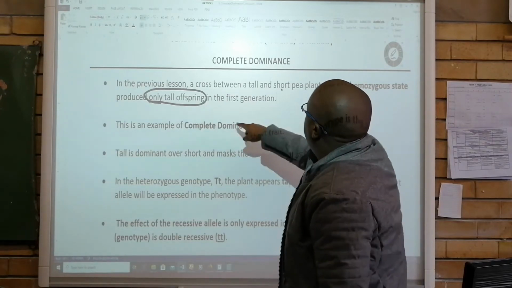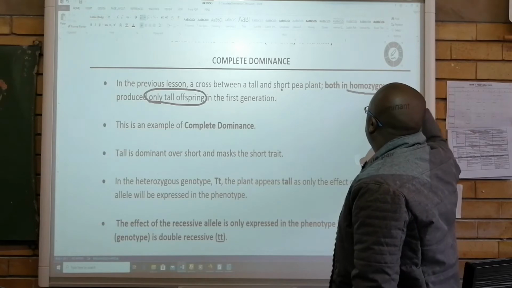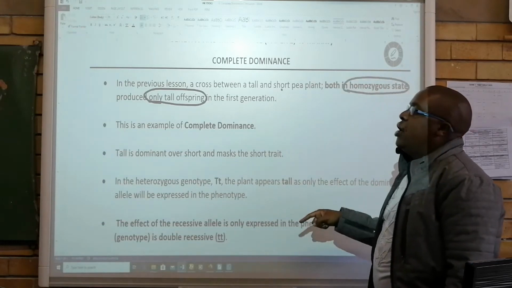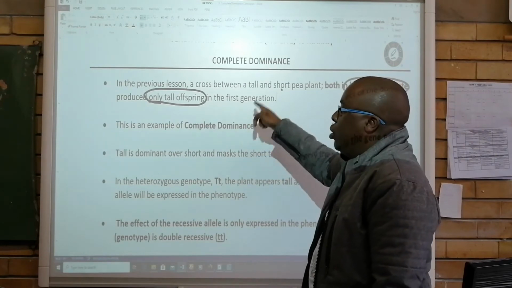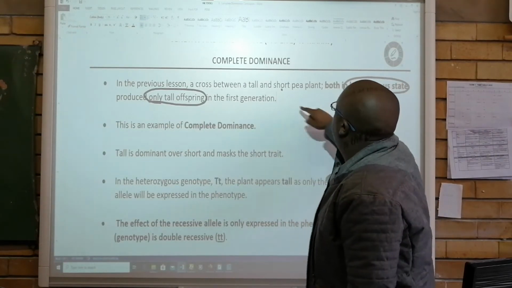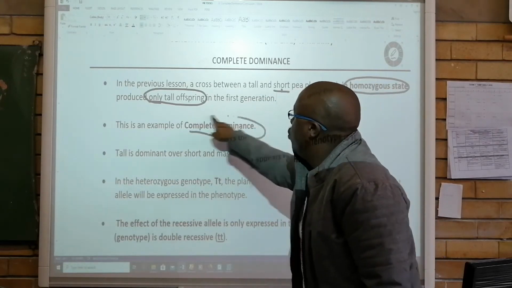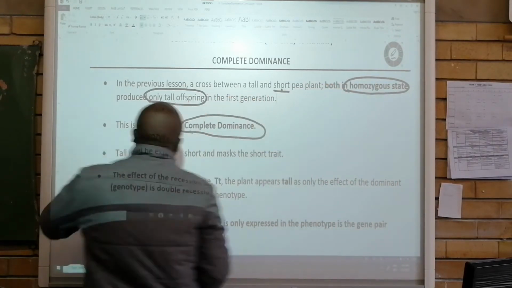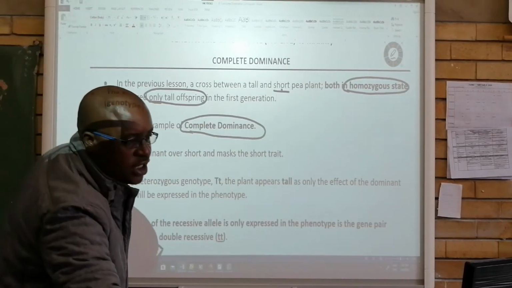We had a cross between a tall and a short pea plant, and both were in homozygous state. And they only produced what? Only tall offspring. This means that tall was completely dominant over short. And because of that, this is an example of what? Complete dominance. So in other words, tall is dominant over short and masks the short trait.